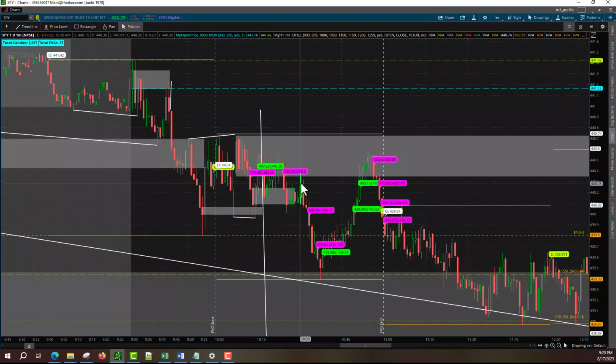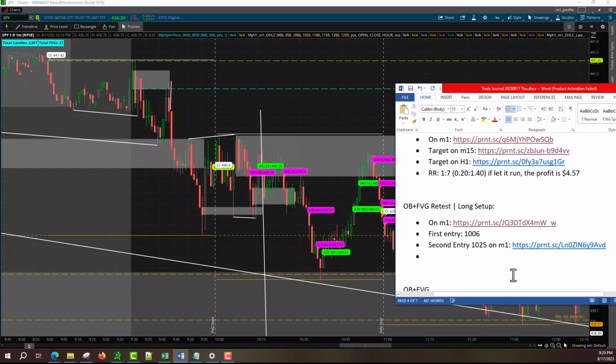But you know what? It went down and it took out our stop loss. We got stopped out on this trade.